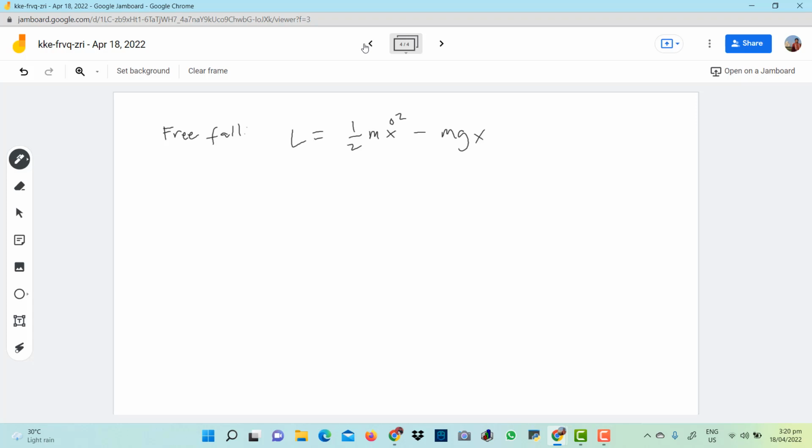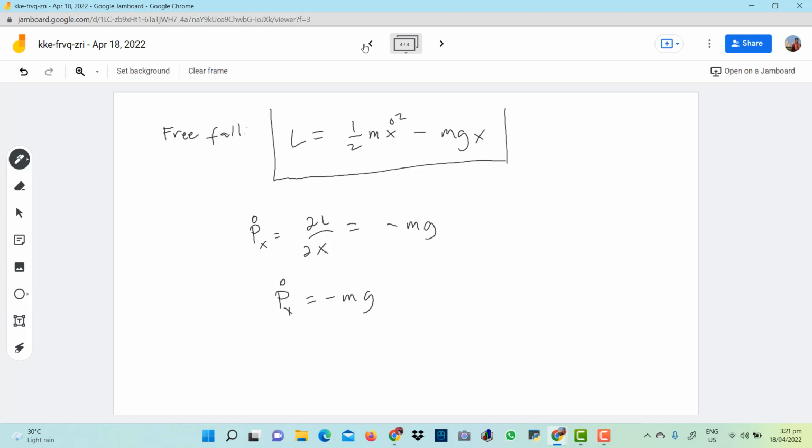So as you can see, if I have this Lagrangian for free fall, I can solve for p dot x, in this case, our coordinate is x. This is just equal to partial L with respect to x, which is minus mg, right? So therefore p dot x is equal to minus mg.